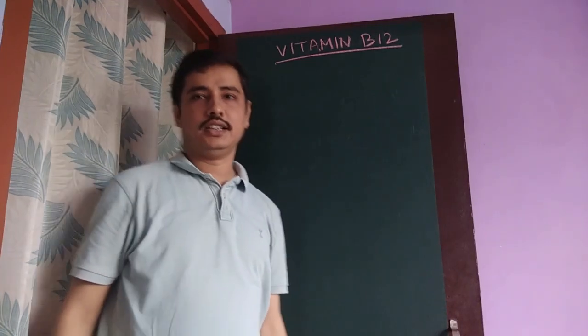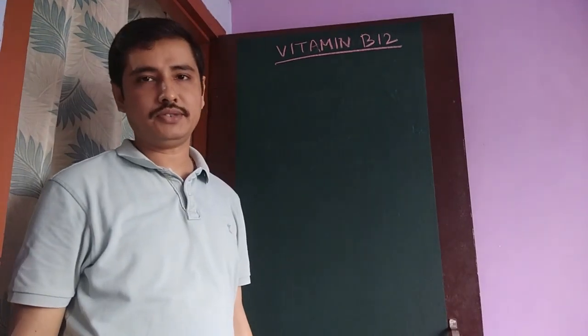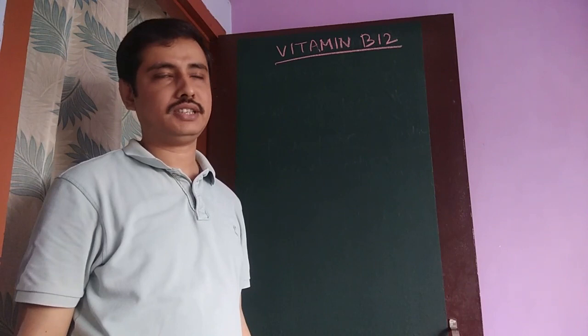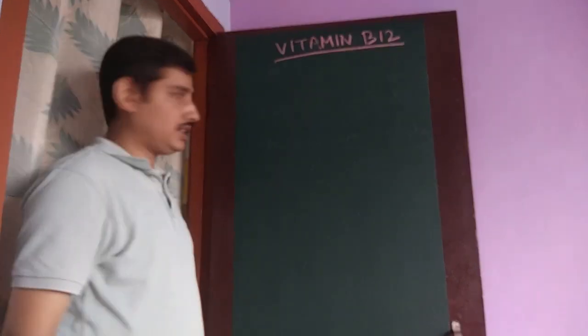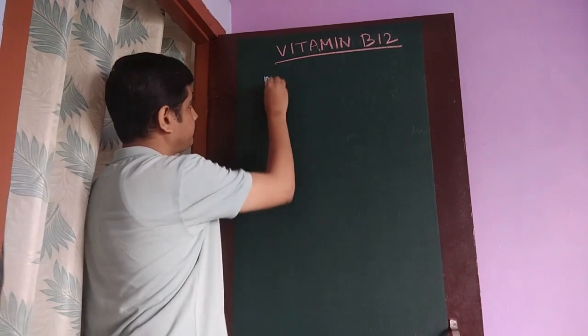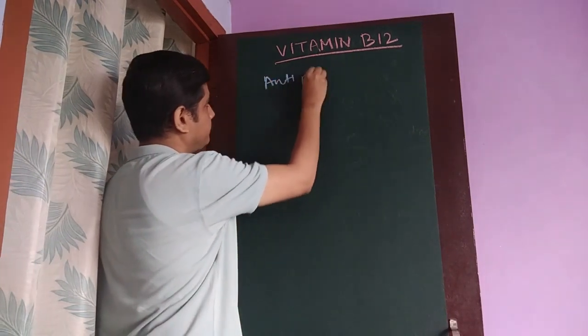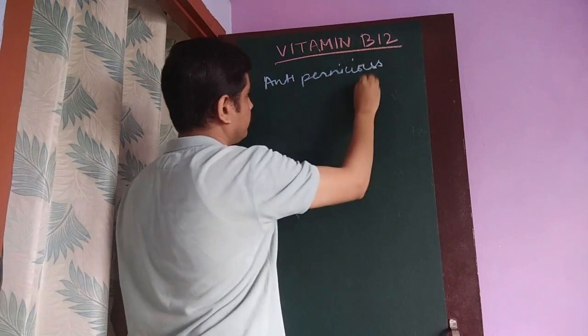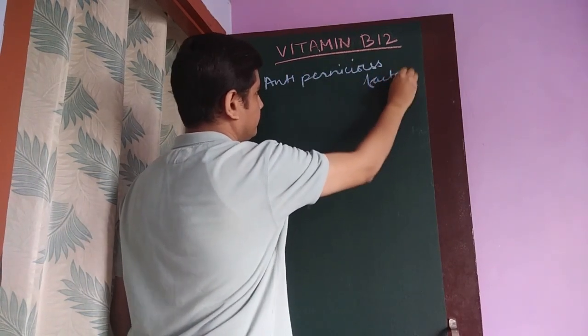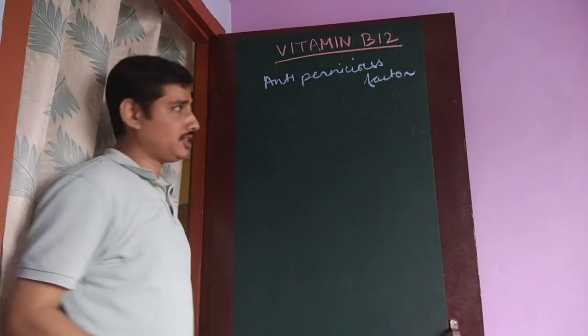Hello students, today I am going to talk about vitamin B12, which is a B complex group of vitamins, and it is a very important vitamin. It is also known as anti-pernicious factor because it prevents pernicious anemia.